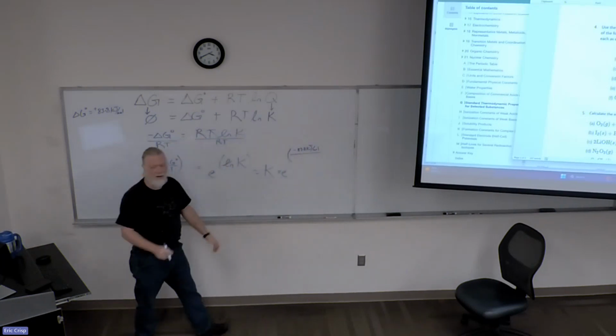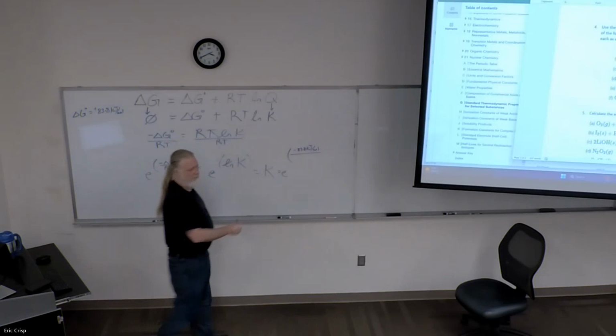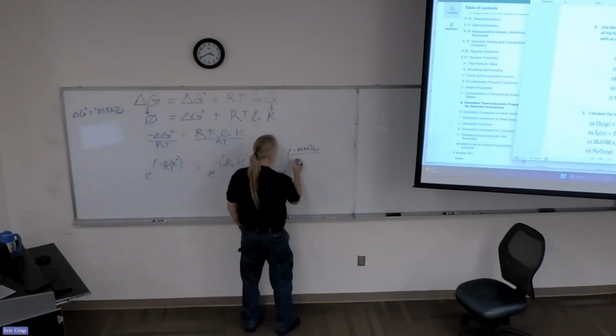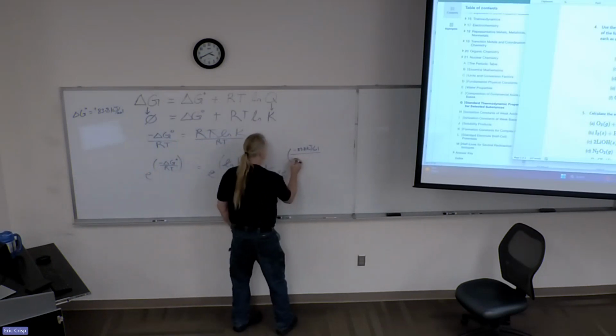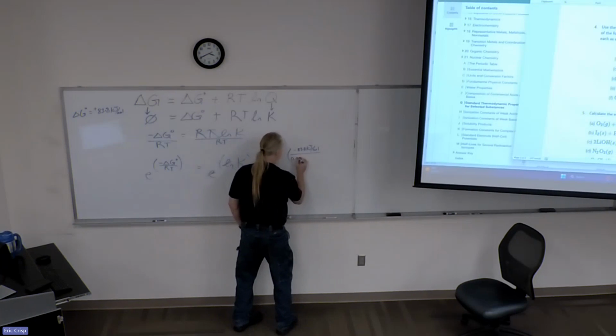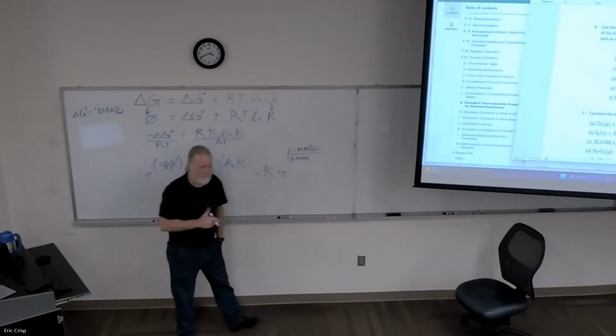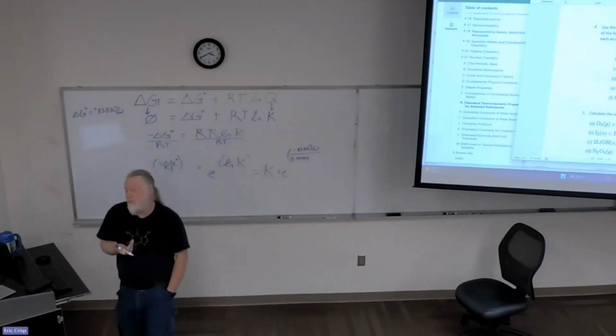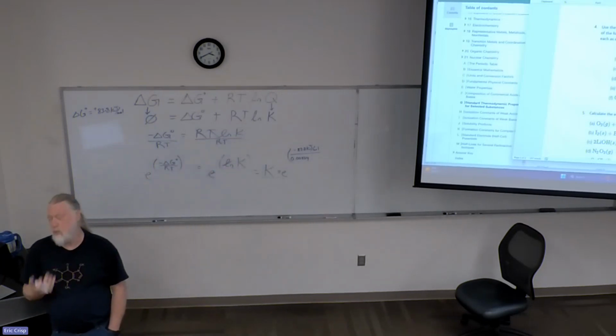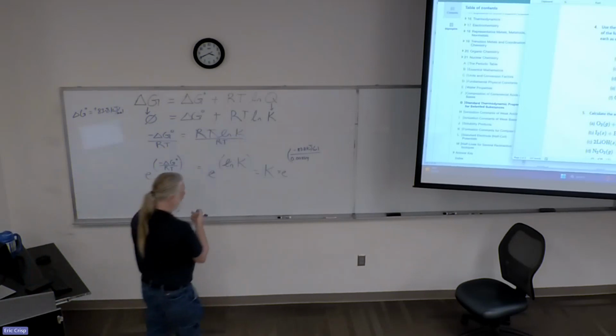over, what am I going to use for my R here? Interesting the way you said that. You said 0.008314. I think of it as 8.314, but be careful with that because that's in joules. He's already converted it to kilojoules. Does that make sense?